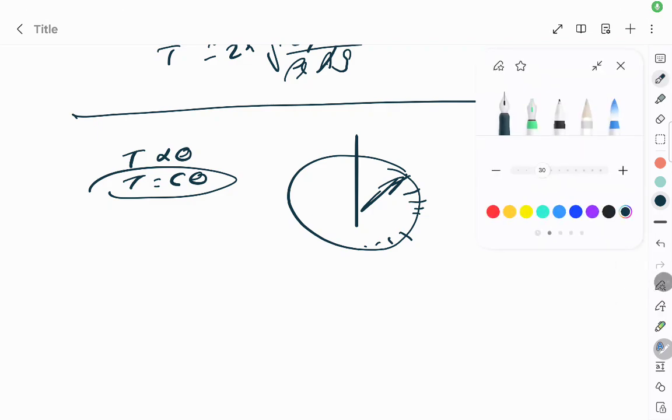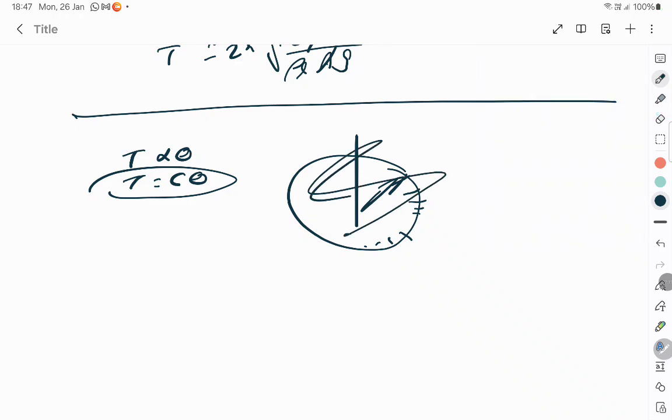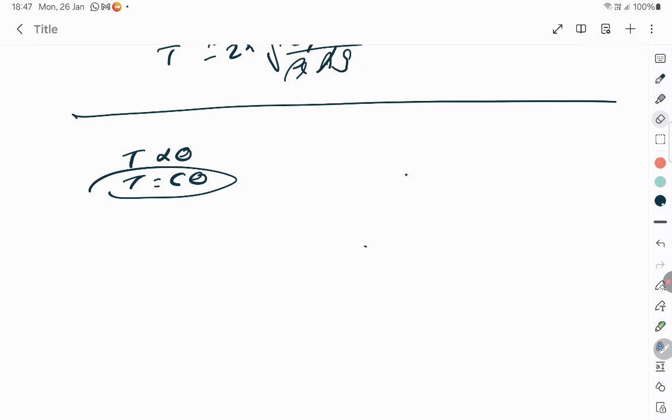Let me explain to you in detail. This will not come, they don't ask this, but still I'll explain it to you. There is a wheel, to which the pointers are attached. So the wheel will rotate.